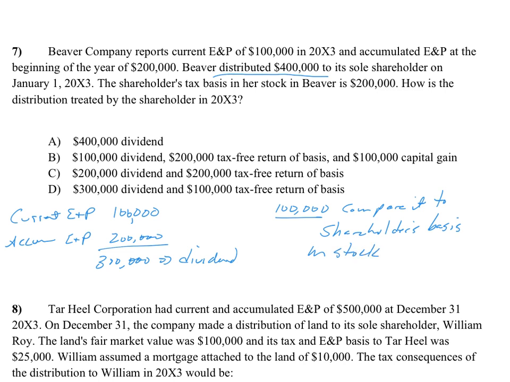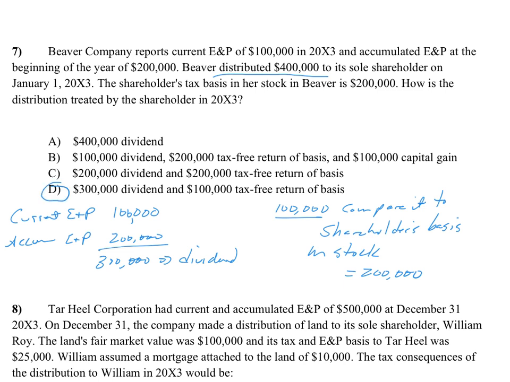All right, and the shareholder's basis in their stock is 200,000, so they have enough basis to absorb that extra $100,000.